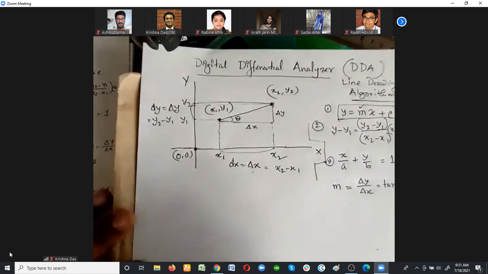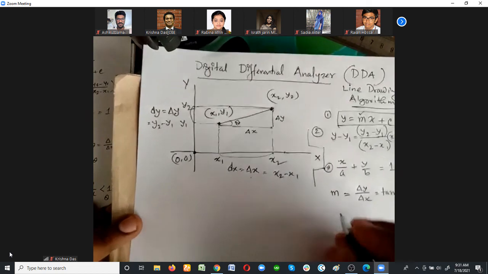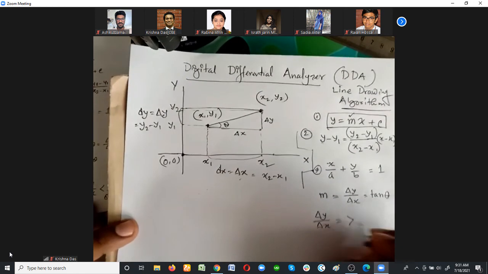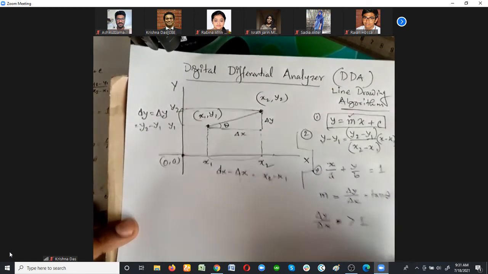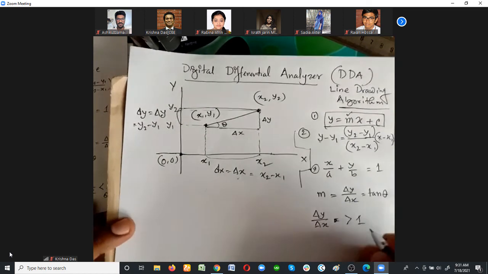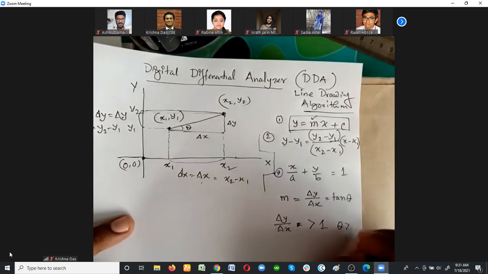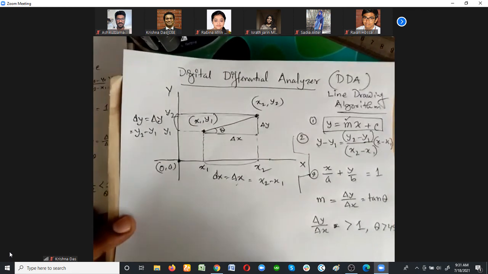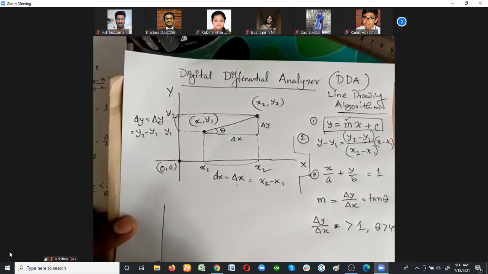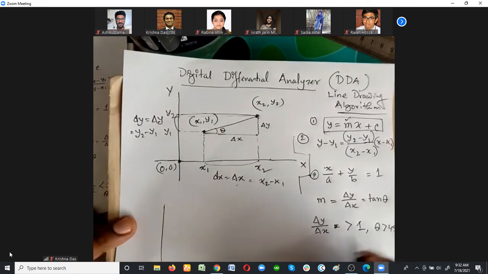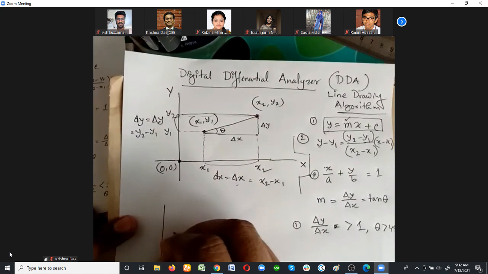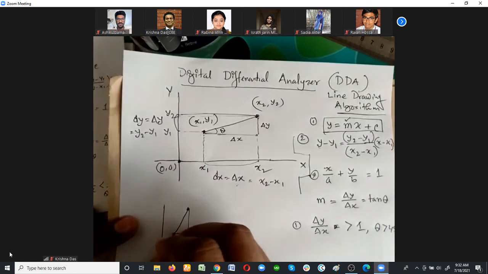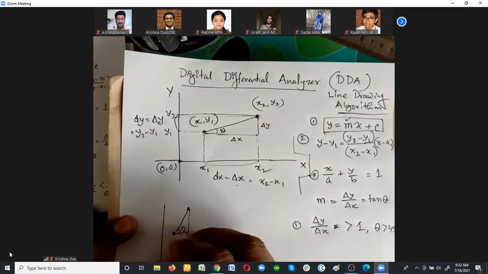When del y over del x is greater than 1, you will find that theta is greater than 45 degrees. So the line in any space, maybe this line, say number 1, will be like this. This theta is more than 45 degrees.